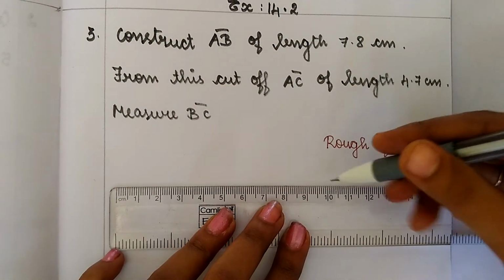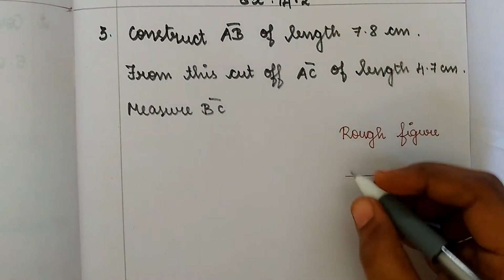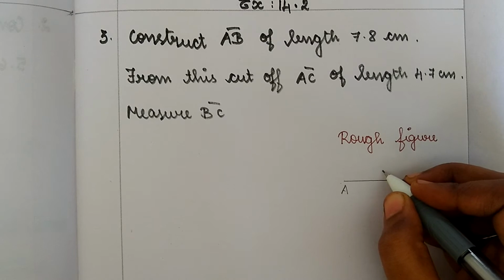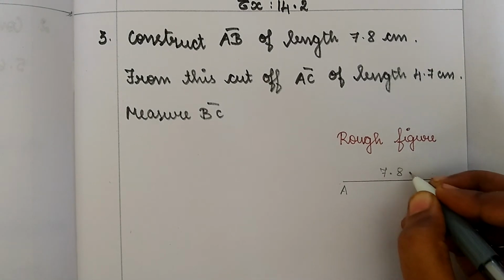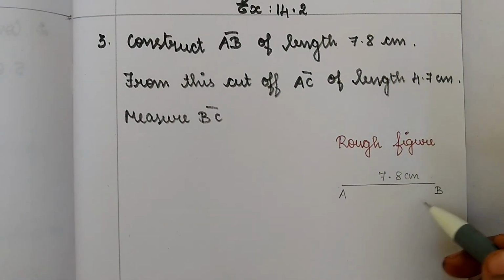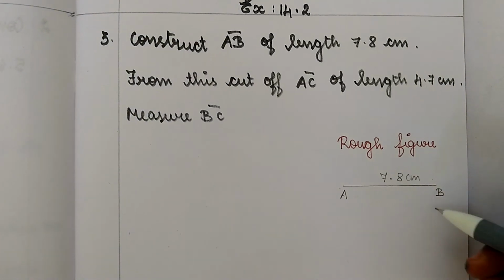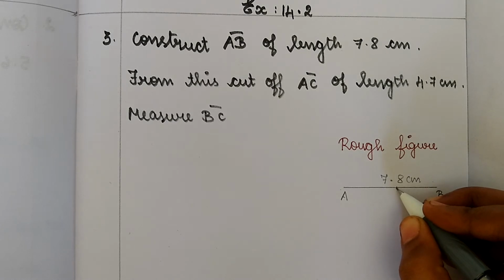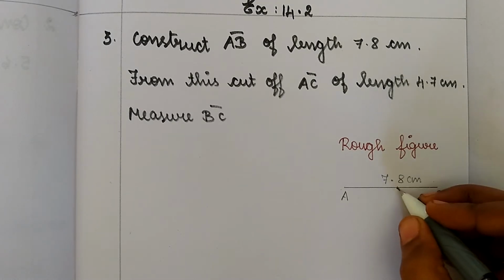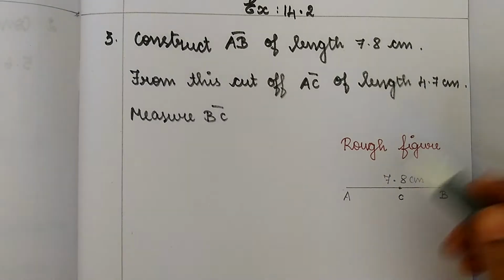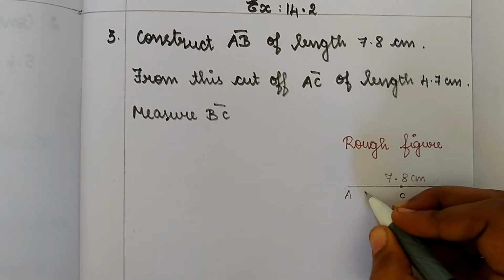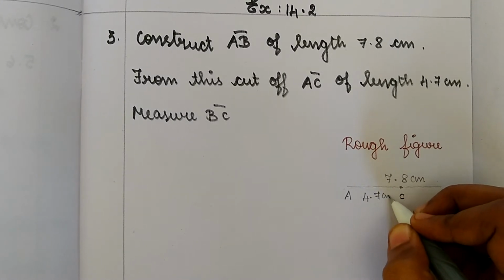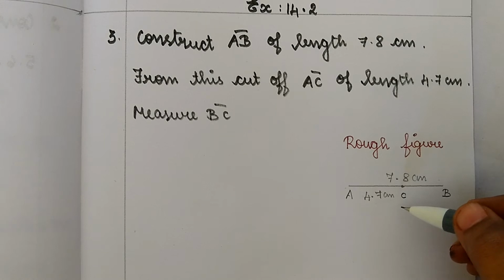First we have to draw a line segment AB. AB is 7.8 centimeter. From this line segment we have to cut the point C. Here we plot the point C. The measurement of AC is 4.7 centimeter.